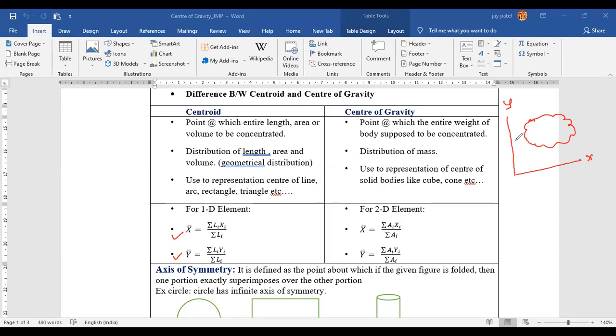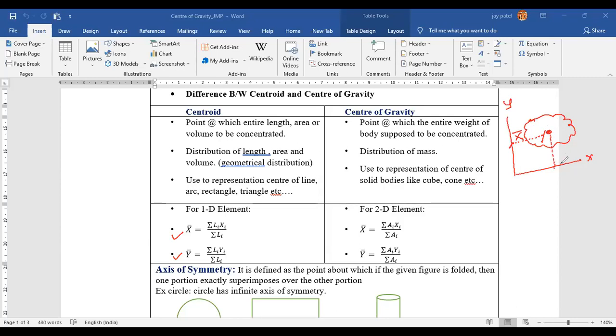Now, in our case, we are going to calculate the centroid. We are not considering weight and mass. We are going to consider it on a centroid. Suppose the centroid point of this body is here. Then the perpendicular distance from this centroid point to the reference y-axis is your x bar. Is it clear? And this centroid point to the reference x-axis.